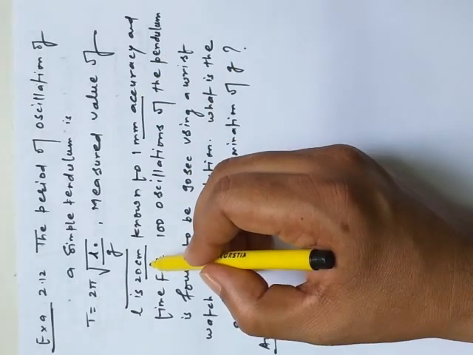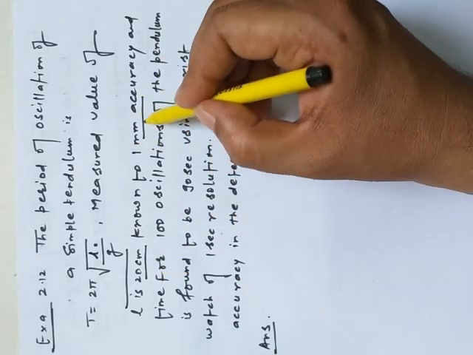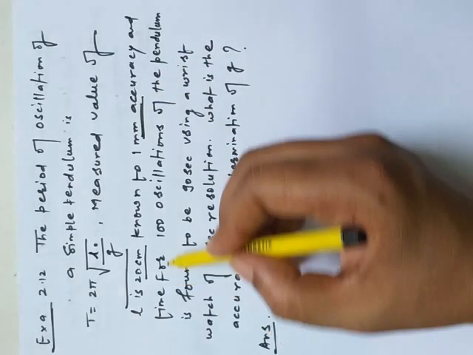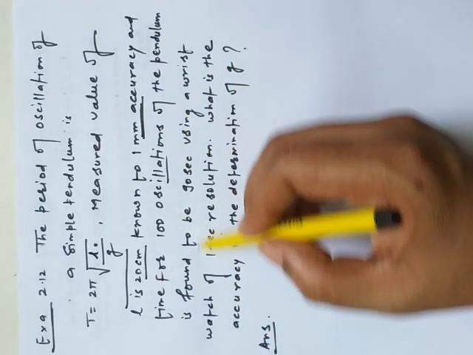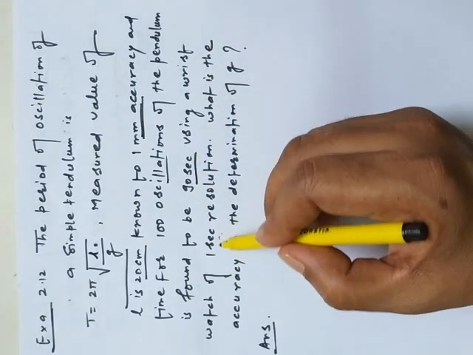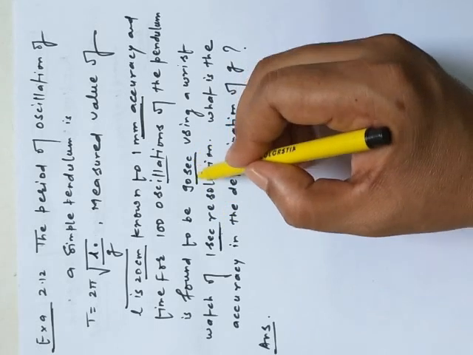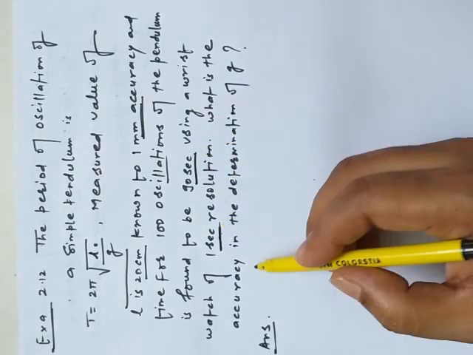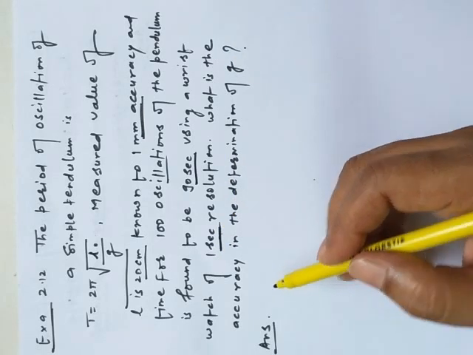So this is the actual length of the string, and this is delta L, that is absolute error. Okay, now the time for 100 oscillations of the pendulum is found to be 90 seconds using a wristwatch of resolution 1 second. So this is the actual time we have, and this is the absolute error in time. Now what is the accuracy in the determination of G?